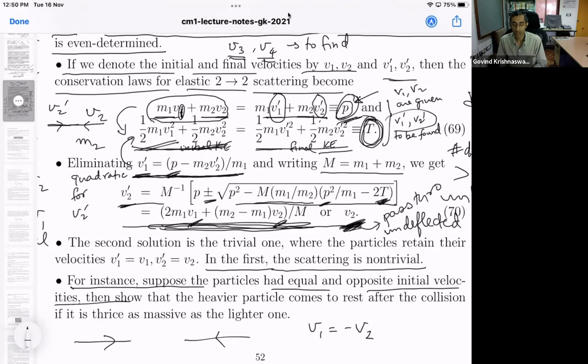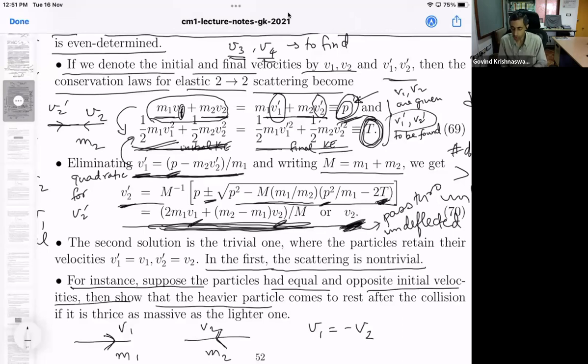Geometrically, the setup is this way. Then it is possible to show by putting the values in here that the heavier particle, I mean, they have different masses, m1 and m2. We will suppose that they have different masses, not necessarily equal.